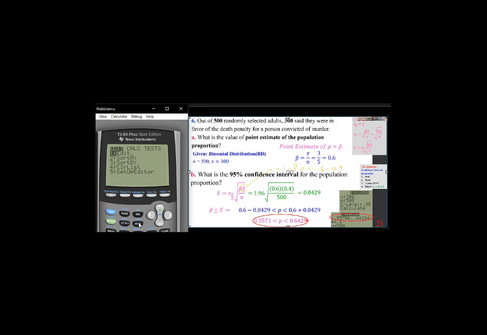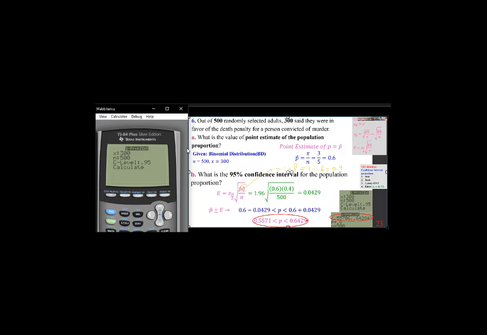To use your TI calculator, you select Stat, then you select Tests, and you go down, look for one proportion Z interval, then click enter. You enter the information.